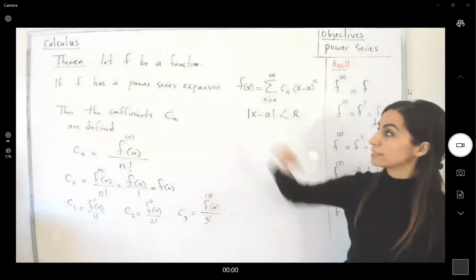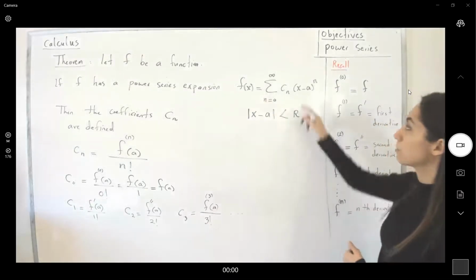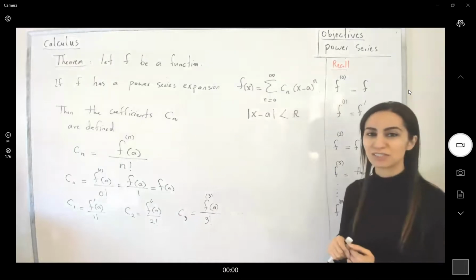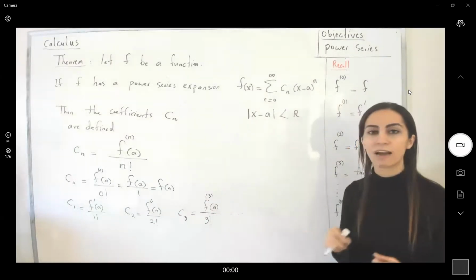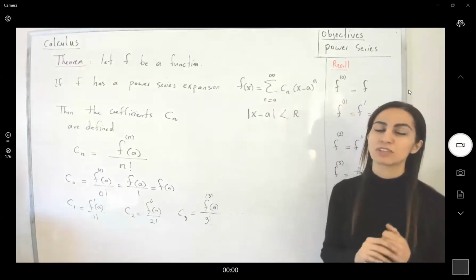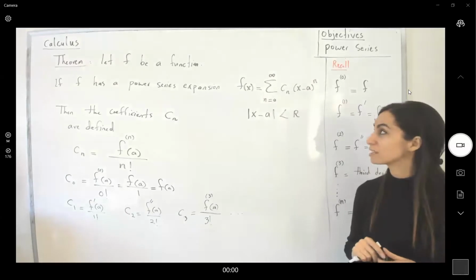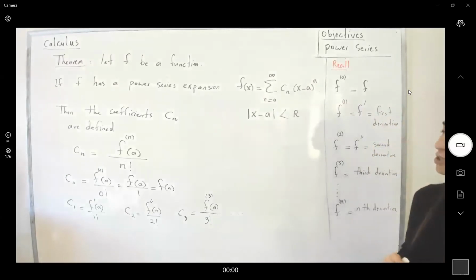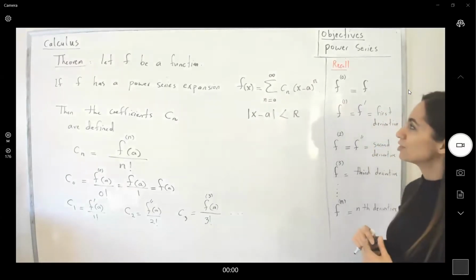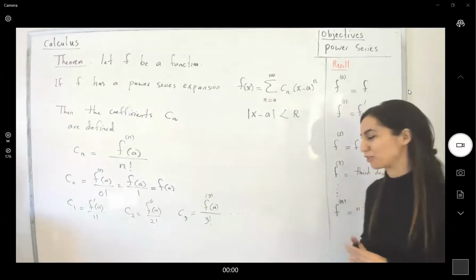So to write the expansion for any function using a convergent power series, we need to have the derivatives of the function. So if you need to review the derivatives that you learned in elementary calculus, please get back to your notes from the previous lectures and review the derivatives of different functions.